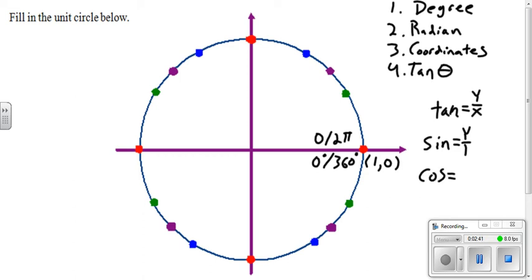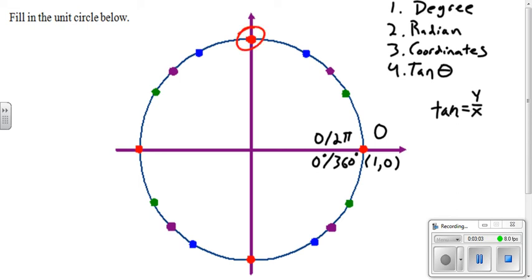Cosine would be x over 1. But we don't need to know those other ones, we just need to focus on tangent, which would be y over x. So in this case it would be 0 over 1, so we'd say our tangent is just 0. So that's how you would find that point. Again, you don't need to show any work, you just need to show these points here.